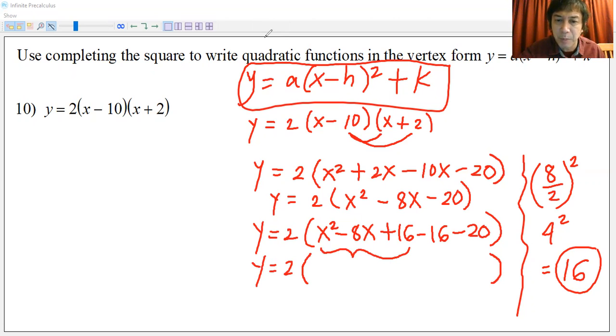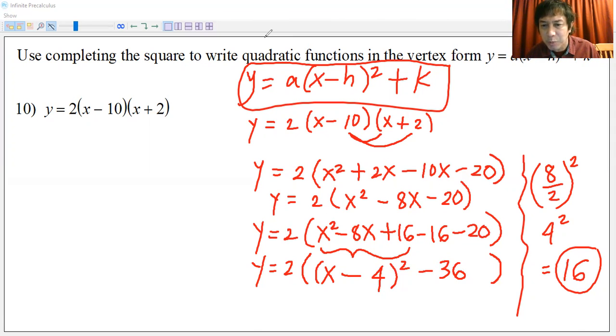That is equal to a binomial squared: x, the square root of 16, that's 4, with the sign in between them being the sign of the 8x. How about the negative 16 and negative 20? That's a negative 36.